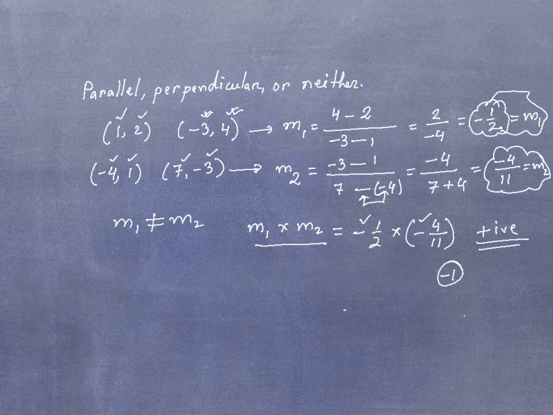Therefore, M1 times M2 is not equal to -1. Therefore, these two straight lines under consideration are not perpendicular either. Therefore, they must be neither, meaning they are neither parallel nor perpendicular to each other.